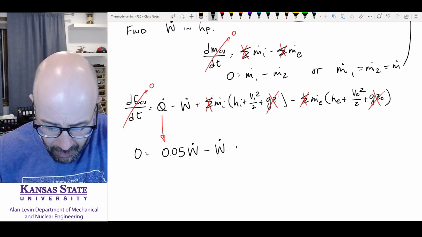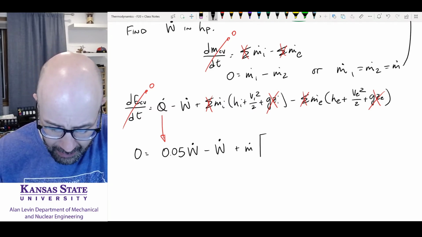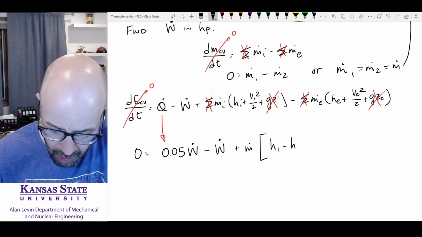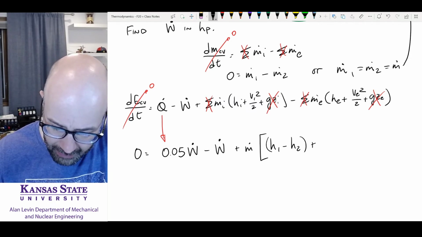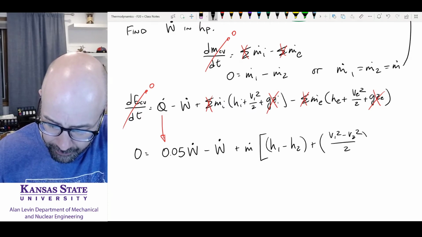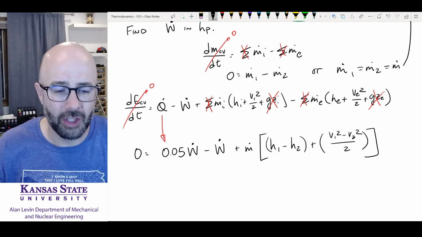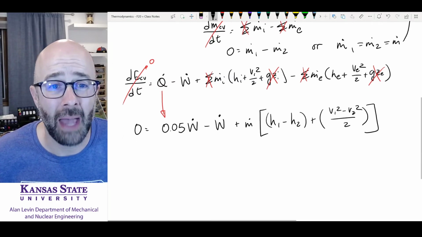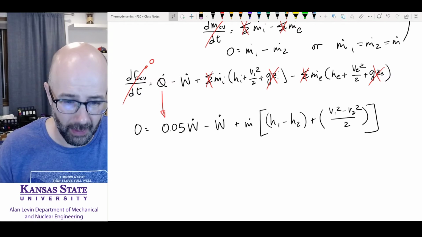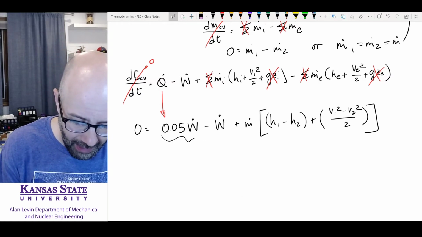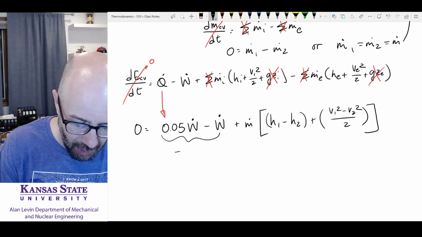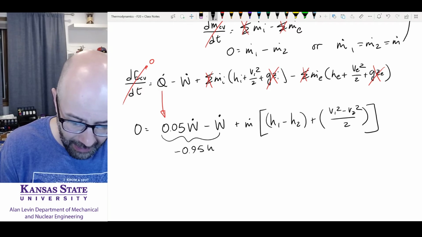Now we do the rest of the equation, plus m dot times h1 minus h2 plus v1 squared minus v2 squared all over 2. Okay, so that's what I have. And now I go down to my next thing. I'm trying to find out what the power is. I'm trying to find out what W dot is. So this here is going to give me negative 0.95 W dot.